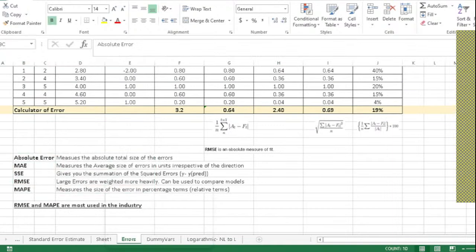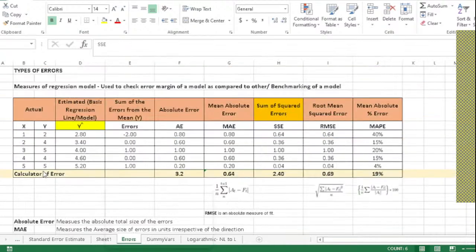As I mentioned, RMSE, MAPE are most used in the industry. In fact, SSE is also used. So these three are the most used. It depends from industry to industry and from case to case. Clear the different types of errors? Any questions around errors? Let me know as we proceed.